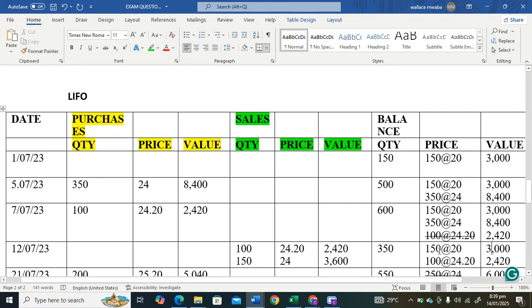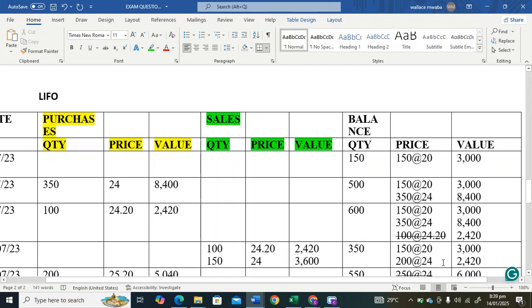And then 150 were removed from here, so 200 goods valued at 24 kwacha. So 200 times 24, 4,800.